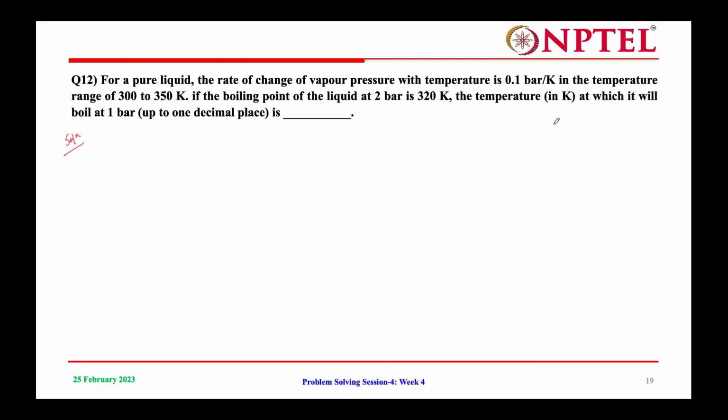I have to calculate the temperature at which it boils at 1 bar. So in this question, given dP by dT is 0.1 bar per Kelvin.